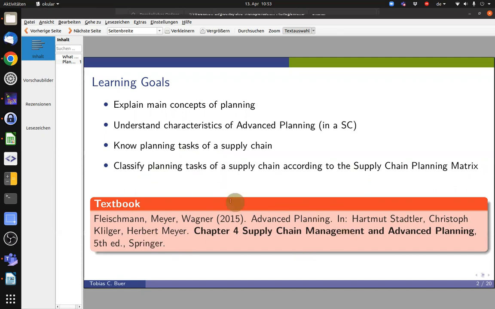Today's contents of this lecture are based on a very nice textbook, or let's say a very challenging and advanced textbook, but it has a very nice overview of all kinds of topics related to supply chain management. This is a book by Stadler, Kilger, and Meyer. And we will look at chapter number 4 that was authored by Fleischmann, Meyer, and Wagner, which is called Supply Chain Management and Advanced Planning.